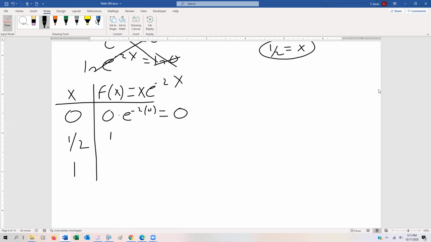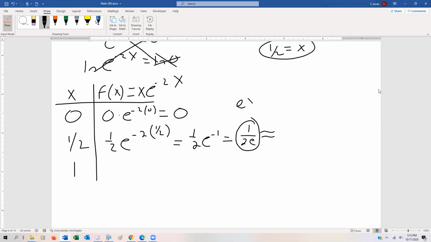This is going to give us 1/2 e to the minus 2 times 1/2. Or that's just going to be 1/2 e to the minus 1, or 1 over 2e. And this is where we might want to approximate this. Now this is the exact value. And a lot of times in mathematics, we don't want an approximate value.